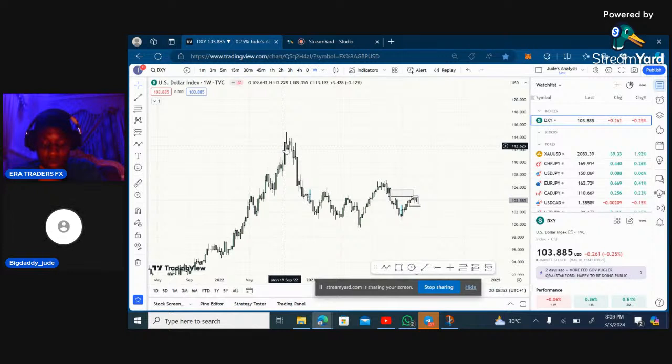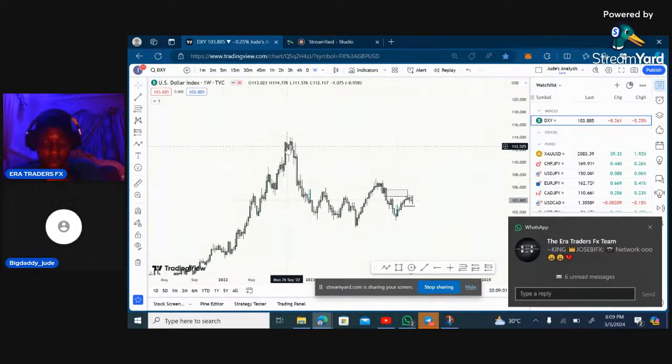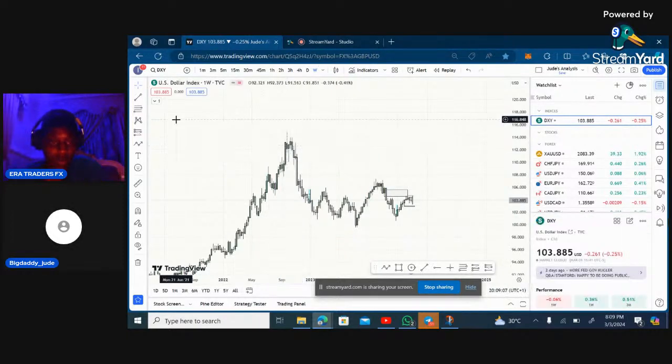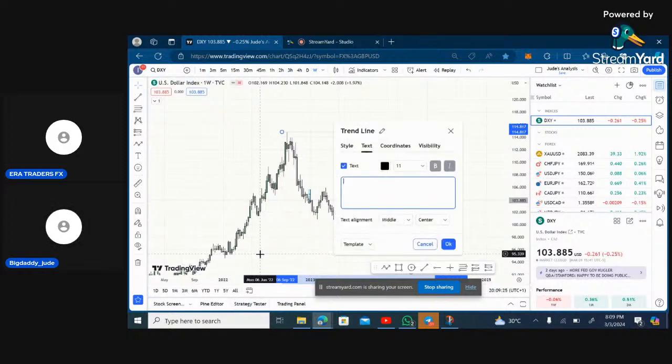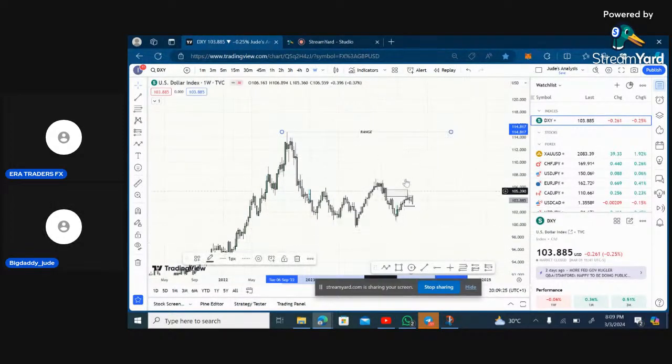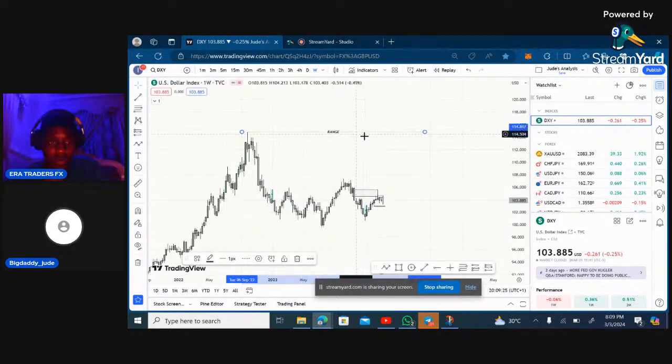Remember, we're on the weekly time frame, so this should be a range overall. First off, you expect this high to be taken out.